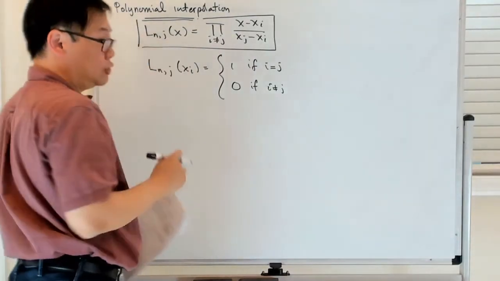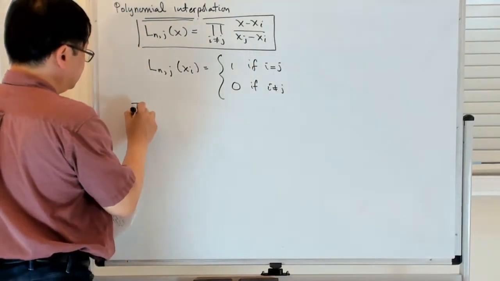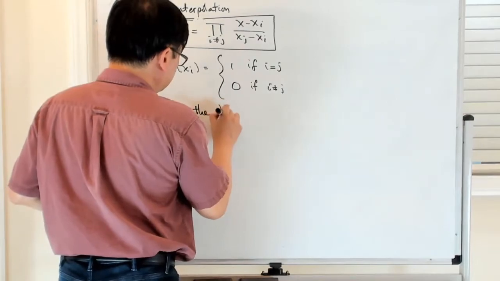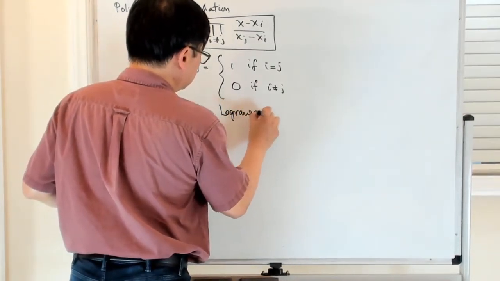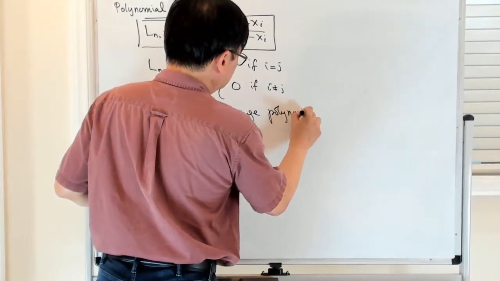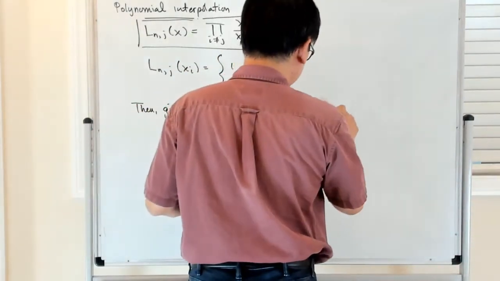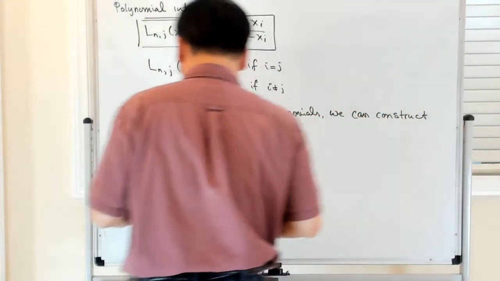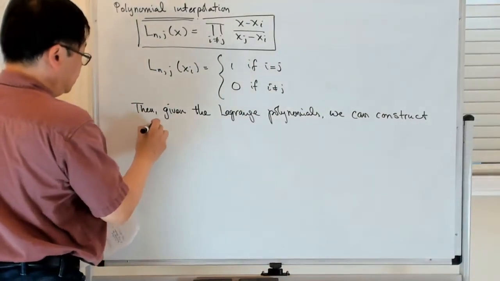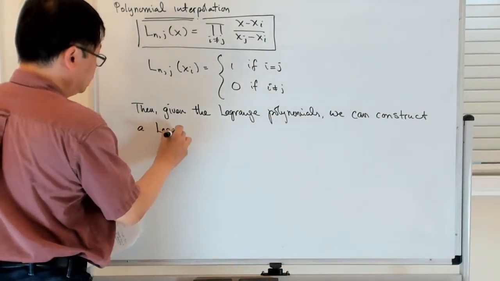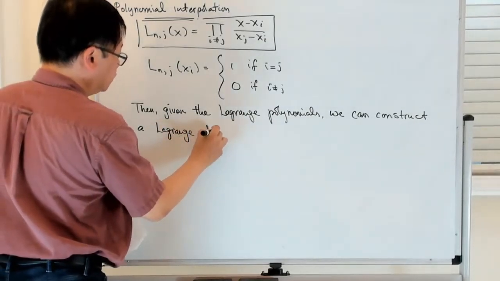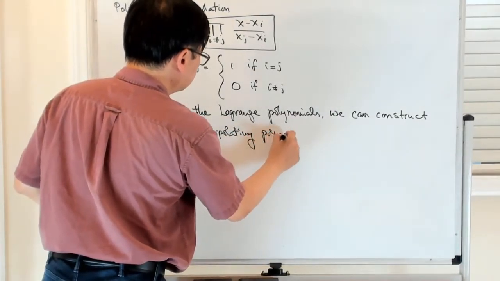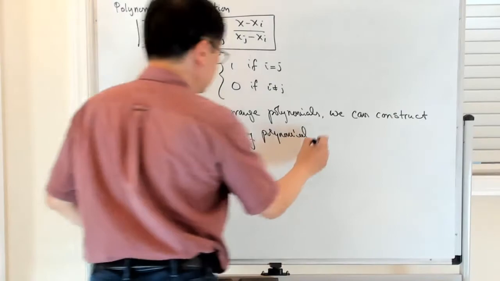So once you have that, if you want to construct an interpolating polynomial, given the Lagrange polynomials, we can construct a Lagrange interpolating polynomial as follows.